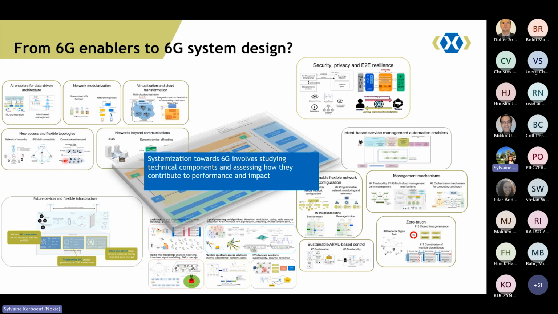Also looking at new access and flexible topology involving, for example, non-terrestrial network integration, and also looking at mechanisms, protocols and functions for network beyond communication, for GCAS, and device offloading. And we also have some enablers related to future device and flexible infrastructure.